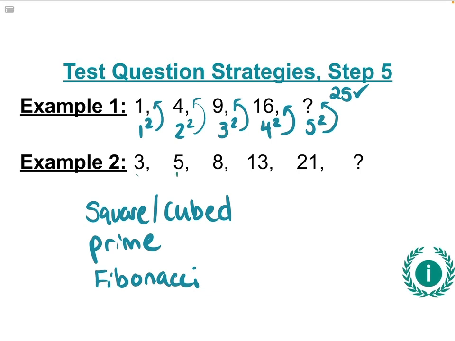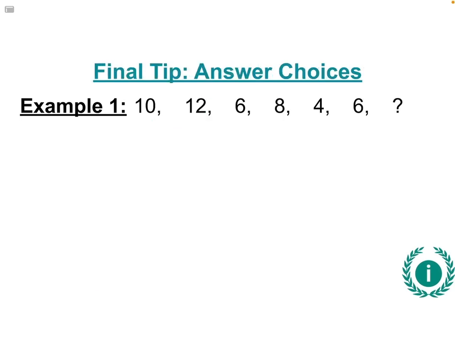Then if we add 5 and 8 together, we get 13 as the next number in our series. If we add 8 and 13, that sum will give us 21, the next number in our series. So to find the missing number in our series, we must add together the previous two numbers in the series. So 13 plus 21 will give us 34, the missing number in our series.